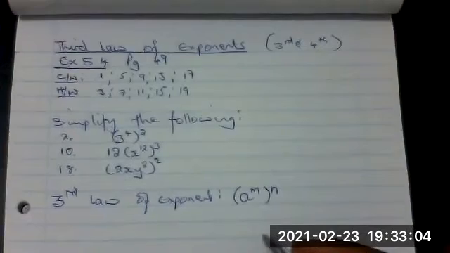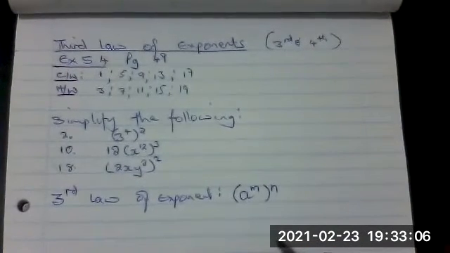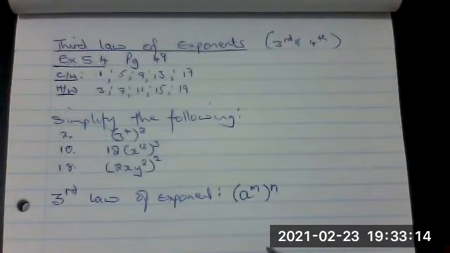So we have a base a raised to two exponents. In other words, base a has two exponents, which means a number has more than one exponent on it.